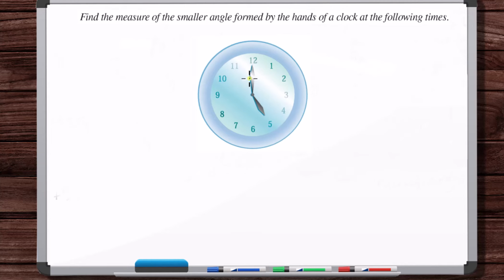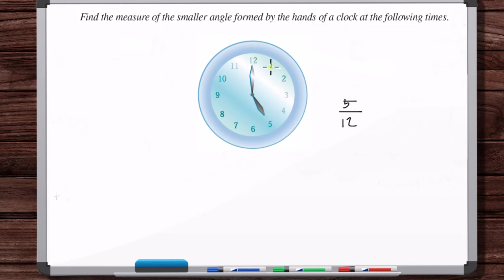Okay, here we've got, it's directly on the 5 and the 12. So, okay, we're looking for this angle. So 1, 2, 3, 4, 5. 5/12 of the way of the full rotation, right? 1, 2, 3, 4, 5, 6, 7, 8, 9, 10, 11, 12.